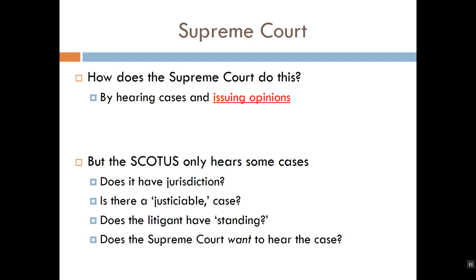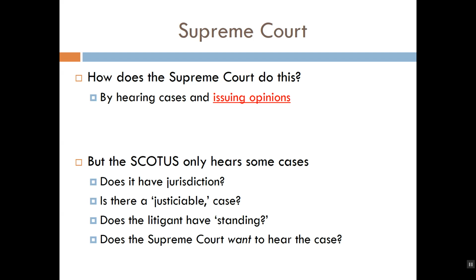However, even if we can establish that the Supreme Court does have jurisdiction to hear our case, that doesn't mean that it's going to do so. What we will discover is that the Supreme Court is actually very particular about what sorts of cases it will and will not hear. First off, it will only hear cases that involve what your textbook describes as a justiciable controversy.